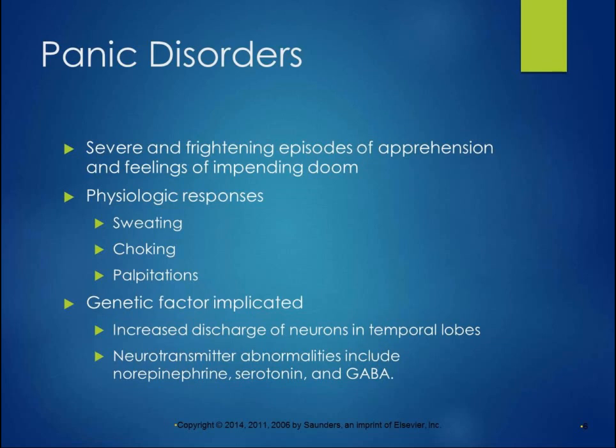There has been a genetic factor implicated, which shows an increased discharge of neurons in the temporal lobes, and some neurotransmitter abnormalities, including norepinephrine, serotonin, and GABA. So obviously your neurotransmitters are doing a lot to control the nervous system, and if there are abnormalities in neurotransmitter function or distribution, you can have a physiological response to it.